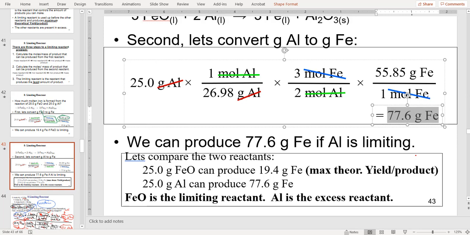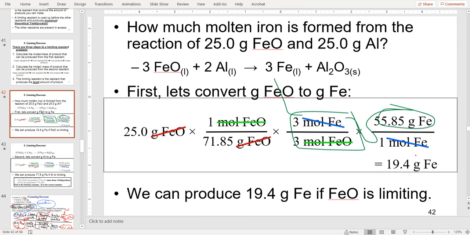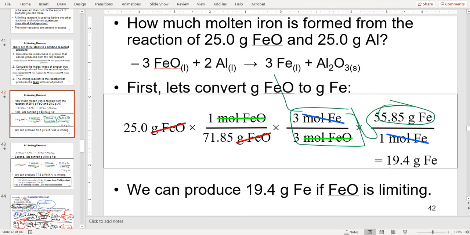Now take a look. For aluminum, it's 77.6 grams of iron. If we take a look at the other problem, it's 19.4. The smaller number is going to be the maximum theoretical yield, or maximum theoretical product.